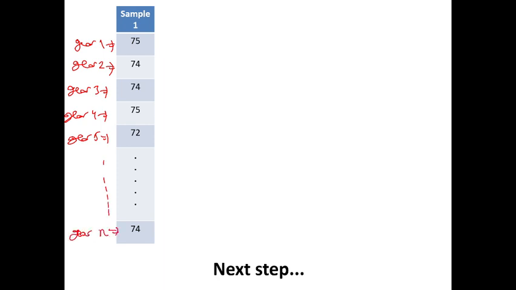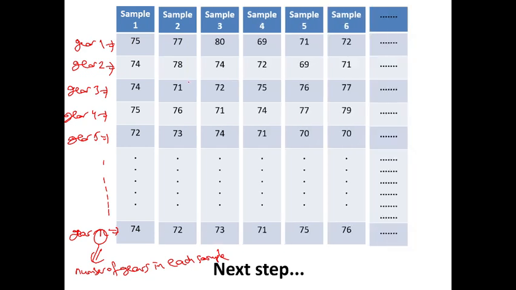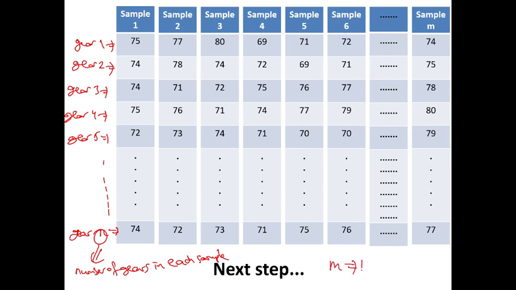As I told you, n means the number of gears in each sample. So we do the same for sample 2, 3, 4, 5, 6 up to sample m. So m means the number of samples. How many samples do we have? It is determined by m. And how many gears do we have for each sample? It is given by n.